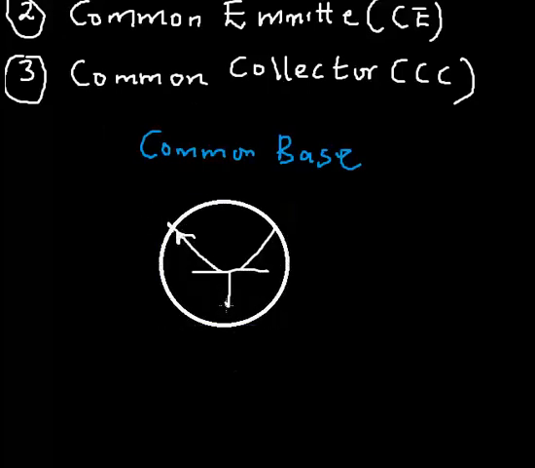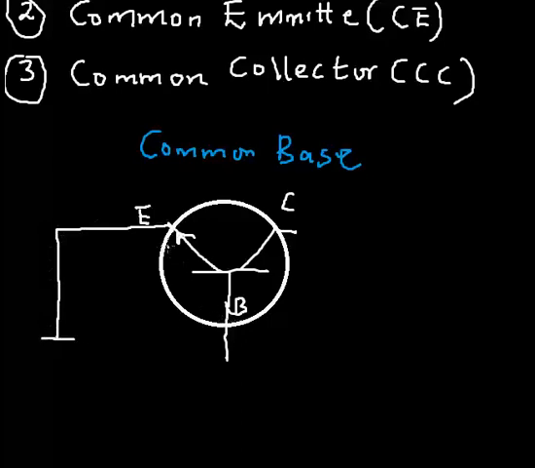This is the base, this is the emitter, I'm using an NPN transistor, and this is the collector. So the base is common. I'm going to connect a bias voltage. Remember, the emitter-base is always forward biased.